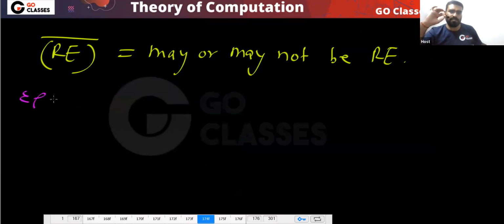The second example: look at this acceptance problem, the ATM problem.